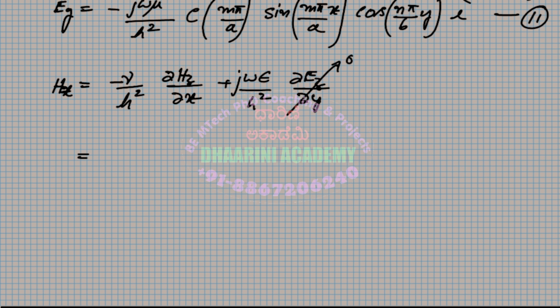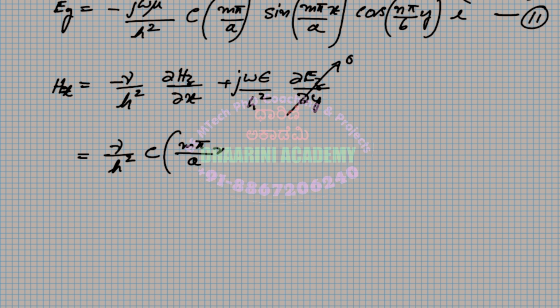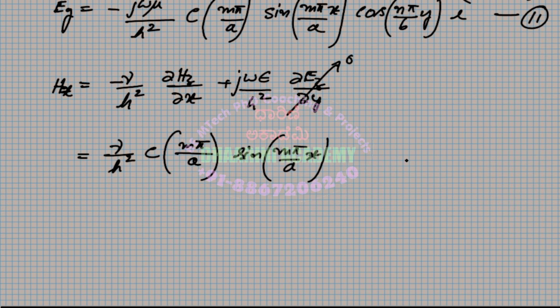Hz has to be differentiated with respect to x. There is a cos term which becomes minus sine. There is already a minus sign at the output, so the minus minus cancels, and this simply becomes gamma by h square into a constant c times m pi by a into sine of m pi x by a, with no further x term because I already differentiated with respect to x, into cos of n pi by b into y.